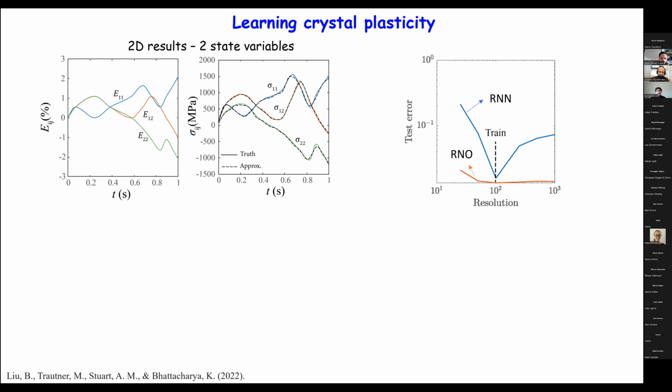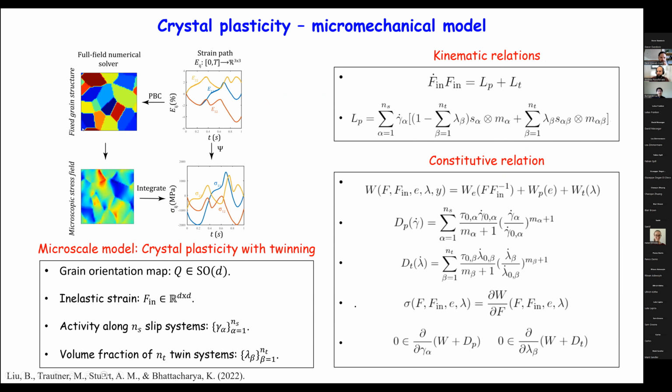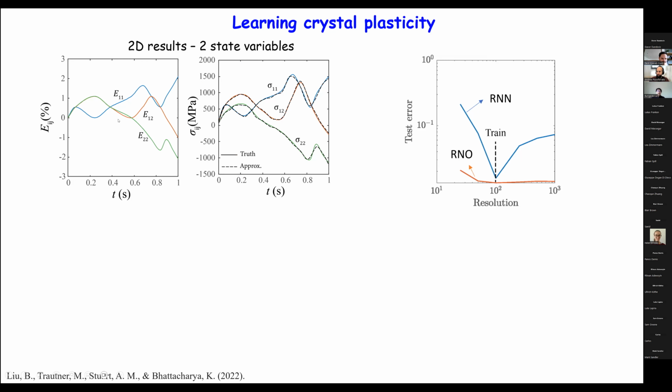So I'm showing you here a 2D case where we consider a two-dimensional polycrystal plasticity, and you can see that using this recurrent neural operator architecture, we can learn the homogenized stresses quite well.